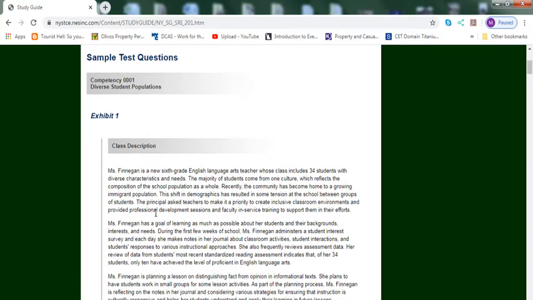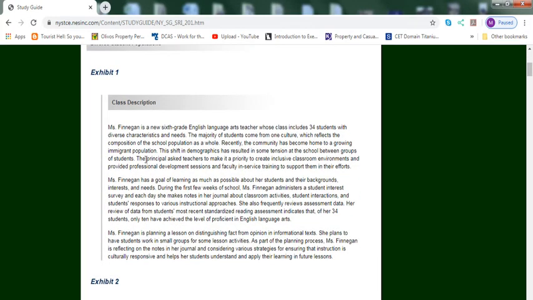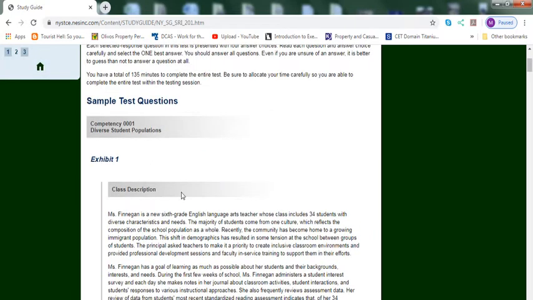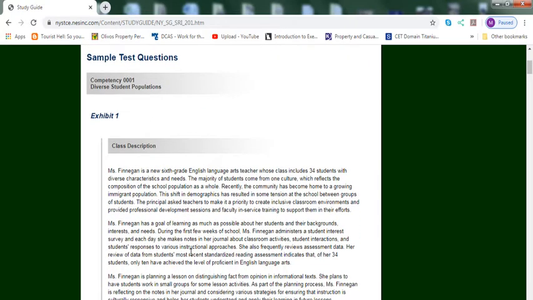This one is from the diverse student population section. They give you a class description. For example, this one says Miss Finnegan is a new 6th grade English language arts teacher whose class includes 34 students with diverse characteristics and needs. There are going to be at least 3 to 4 parts, and one of them is the diverse student population.